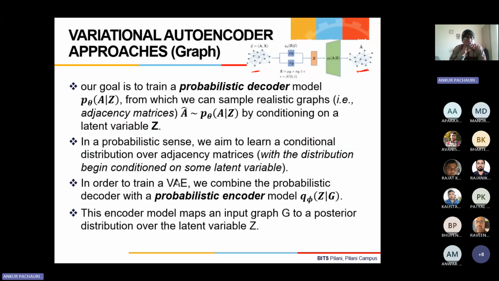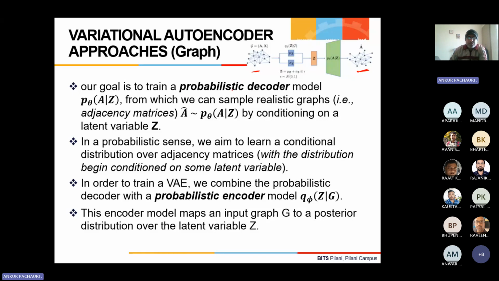So the main goal is to train our decoder model, which is probabilistic in nature. Both encoder and decoder are probabilistic functions, or stochastic models.